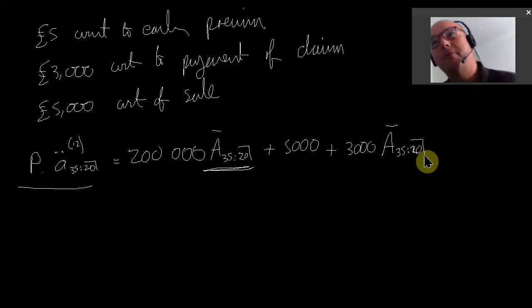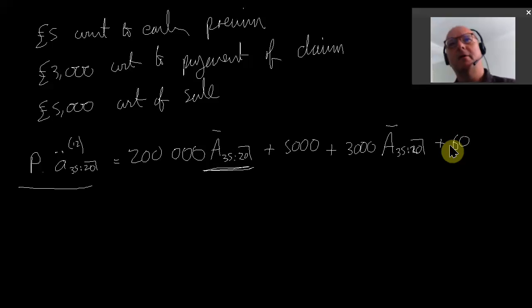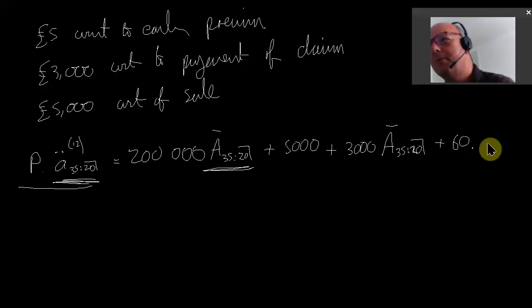Well, £5 on the payment of each premium, remember, is £60 per year, because they're payable 12 times a year. That's the easiest way to make a mistake in this type of question. I've marked plenty of these, and that is one of the common ways of making a mistake. So that is 60 times, and it's this same annuity because it's payable on each premium.